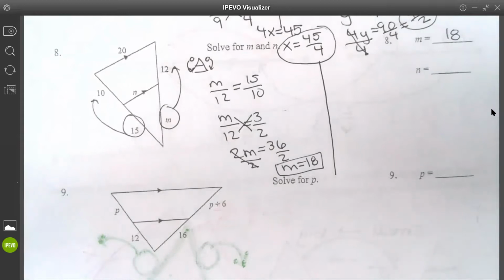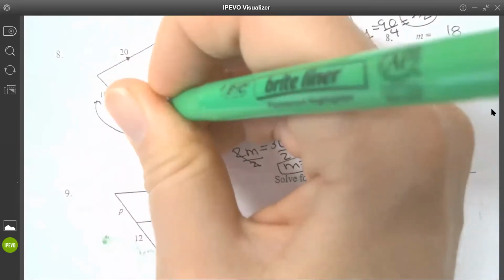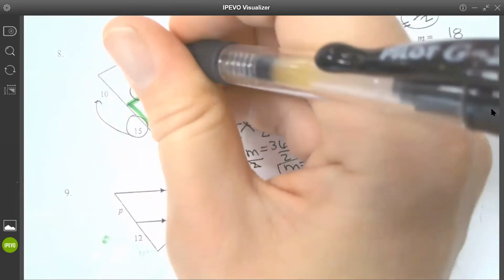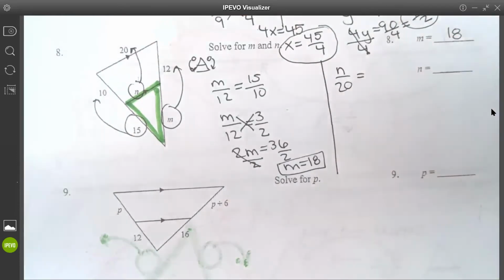But when I get to n, it is going from this side of the small triangle to the same side of the large triangle. I need to go small triangle to large triangle there. What could it be equal to? 15 to full length, 25.